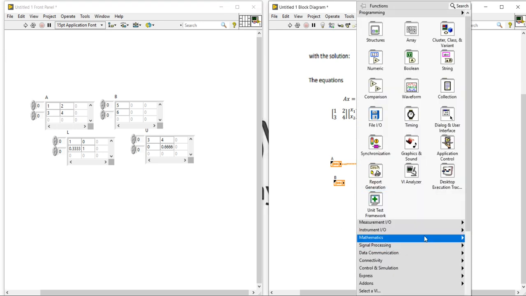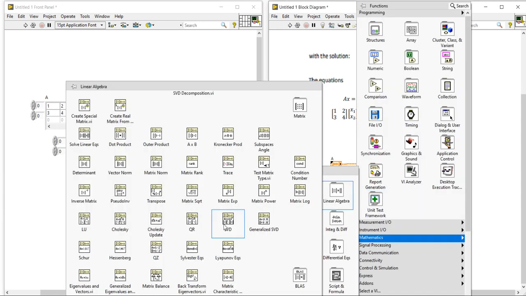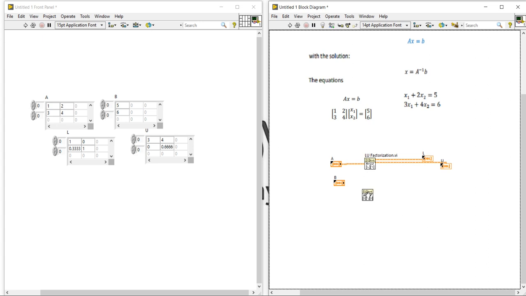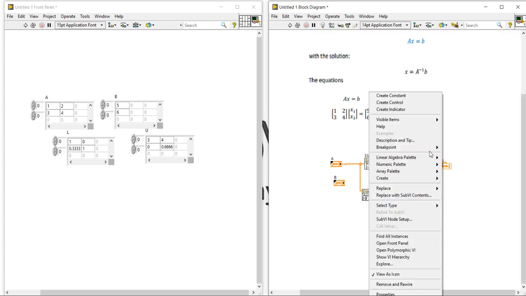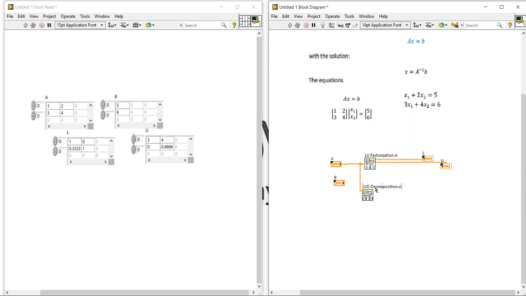For that, come here, Mathematics, Linear Algebra, and find SVD, singular value decomposition. Take this one and connect it here. Now you can get the singular value decomposition very easily.